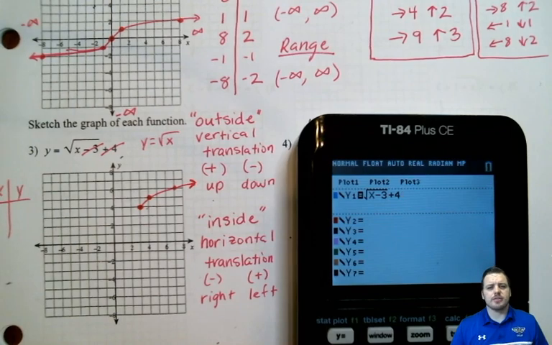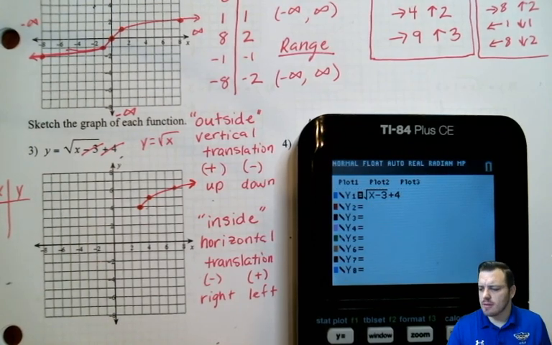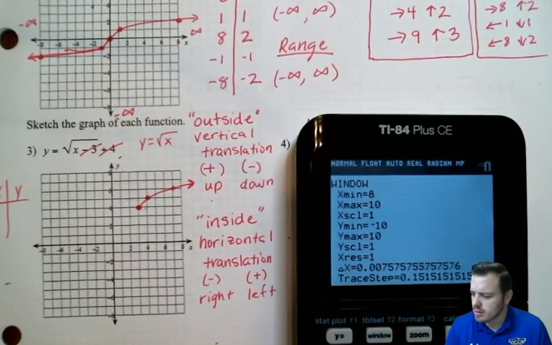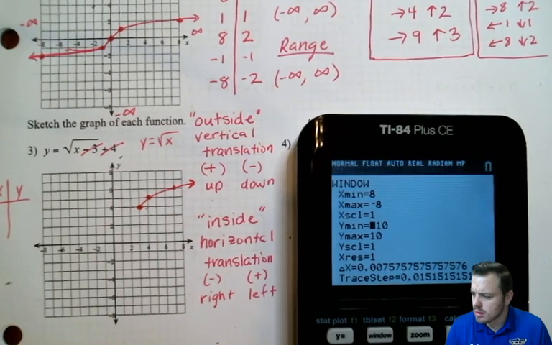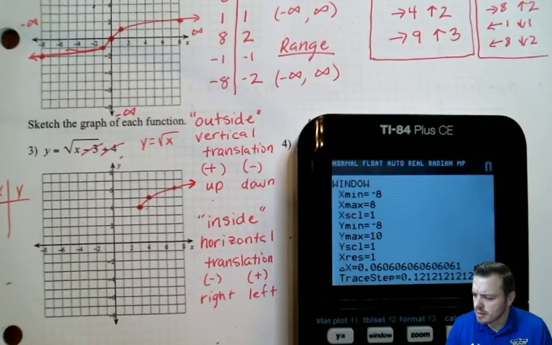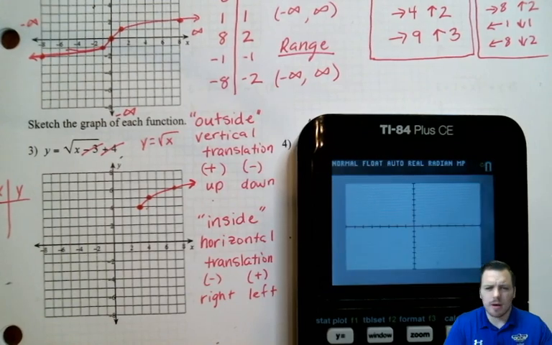If I was to type it into a calculator and graph it, let me change the window here. I did those wrong. Negative 8 and 8 max. This is the same graph as our piece of paper.